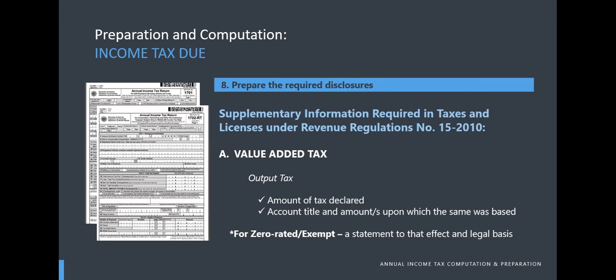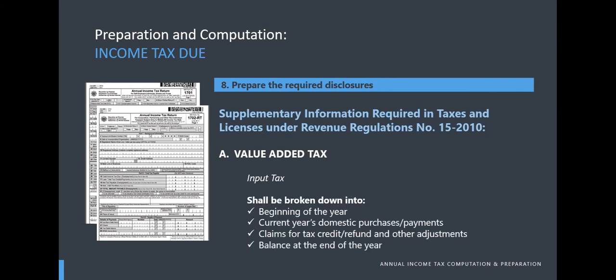For zero-rated or exempt transactions, a statement to that effect must also be included. So there must be a narrative that there are zero-rated or exempt transactions, plus the legal basis being used by the taxpayer for such exemption.